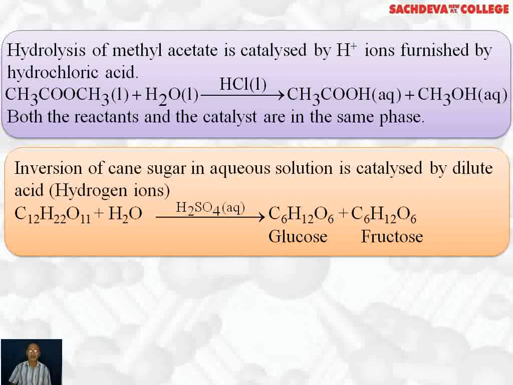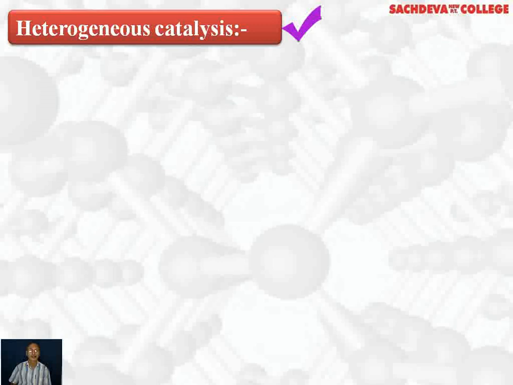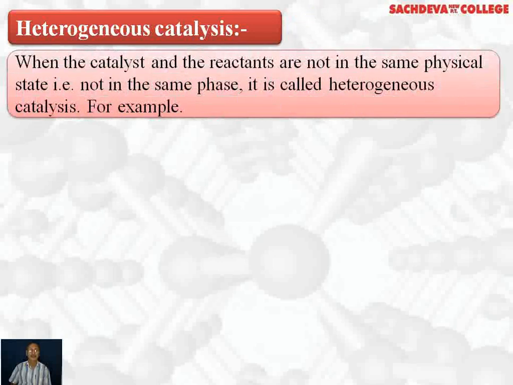The molecular formulas of glucose and fructose are the same, but their structural formulas are different. Glucose contains an aldehyde group, whereas fructose contains a ketone group. Heterogeneous catalysis: when the catalyst and the reactants are not in the same physical state, that is not in the same phase, it is called heterogeneous catalysis.